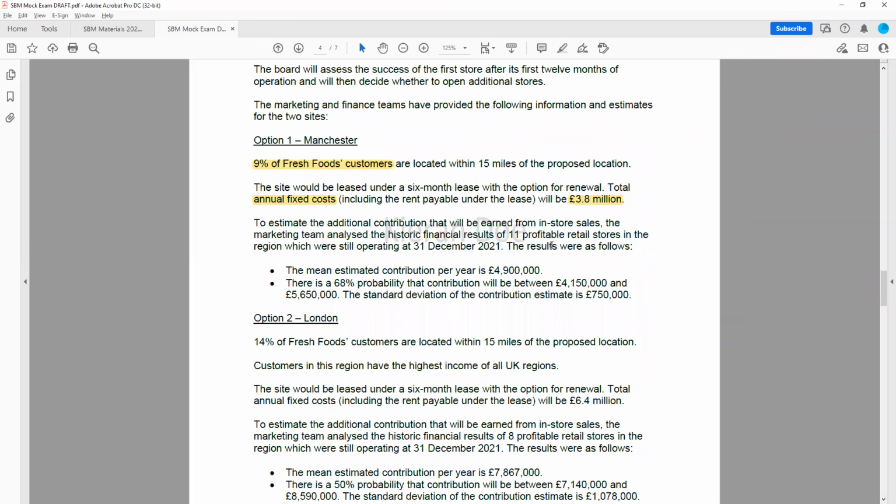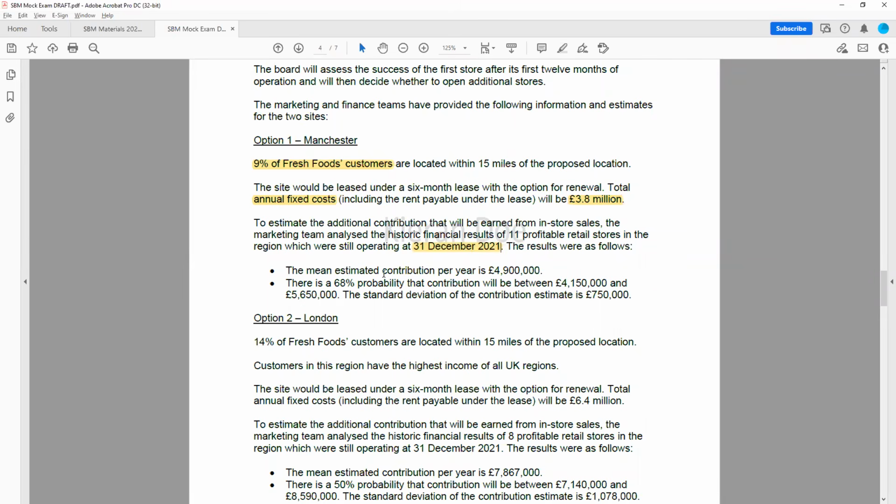To estimate the additional contribution that will be earned from in-store sales, so now that they have a store, the marketing team analysed the historic financial results of 11 profitable retail stores in the region, which were still operating a few months ago, or 6 months ago from today's date. The results were as follows.